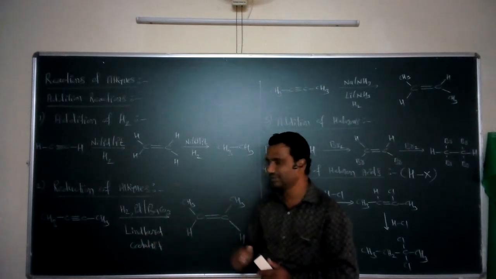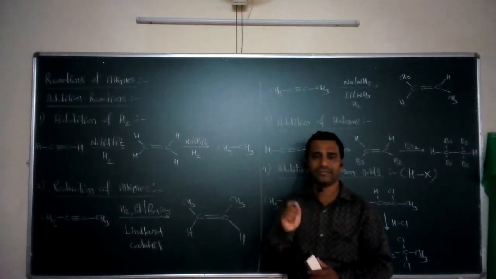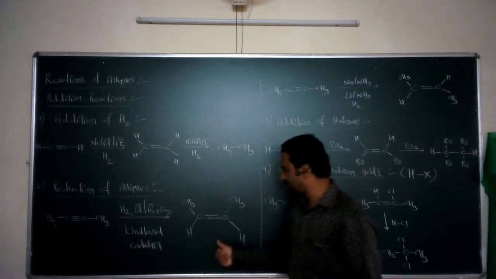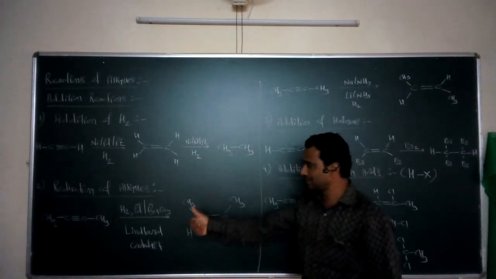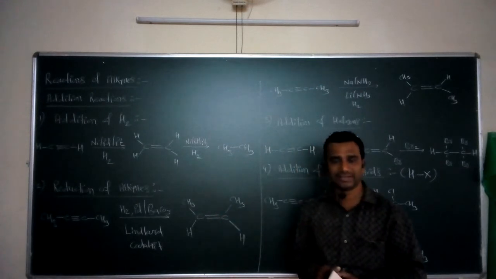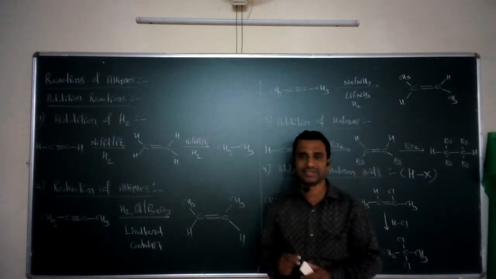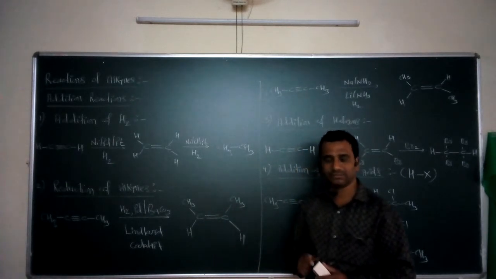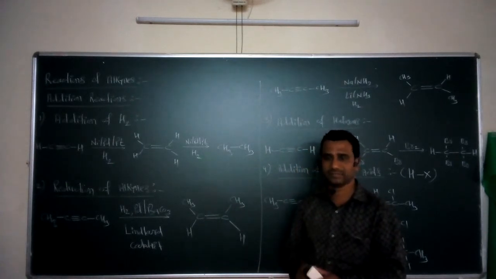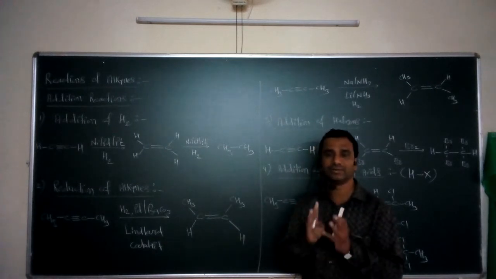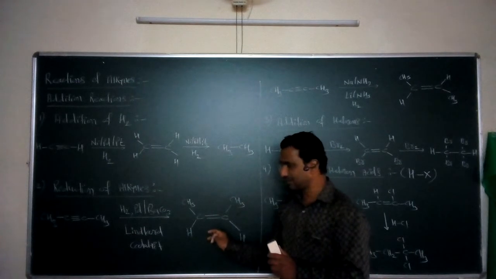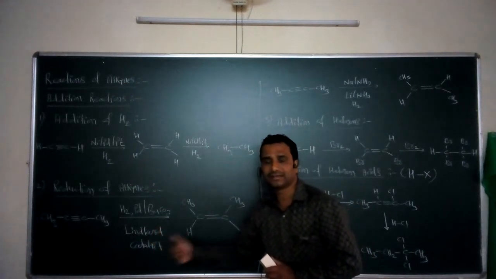Whenever the Lindlar catalyst is used, alkynes are converted into this type of alkene. Especially in this case, we get the cis alkene formation. So this is the selective reagent for the formation of cis alkene, and that catalyst is called the Lindlar catalyst.